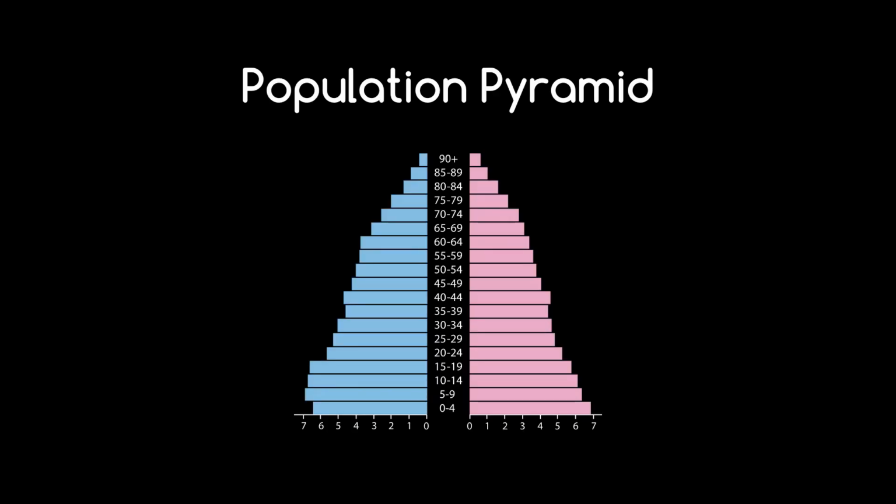And if you combine two histograms and put them back to back, you can produce a population pyramid. This chart displays the distribution of population in all age groups and in both sexes. Population pyramids are ideal for detecting changes or differences in population patterns, and multiple population pyramids can be used to compare patterns across nations or selected groups.